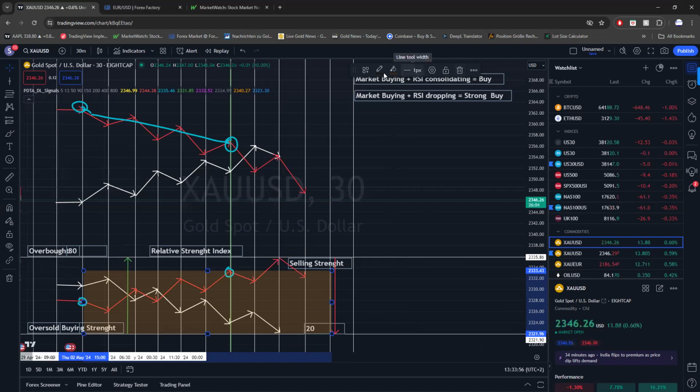So I'm going to give you an assignment while I type this. Think about when the market is selling and the RSI is consolidating, the opposite of the first one.